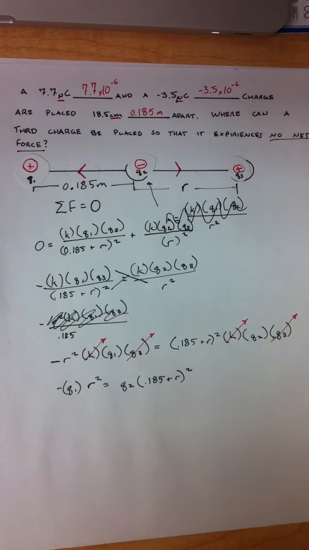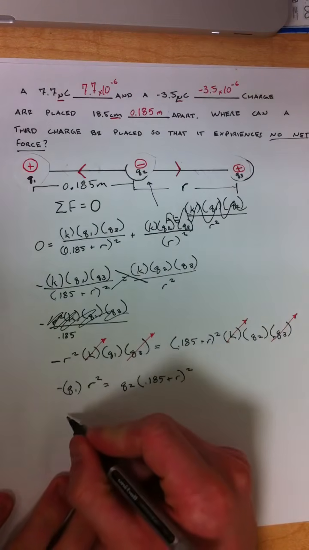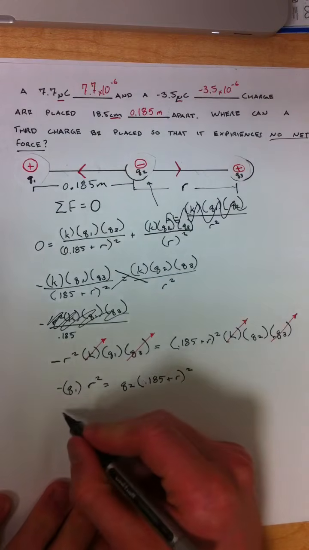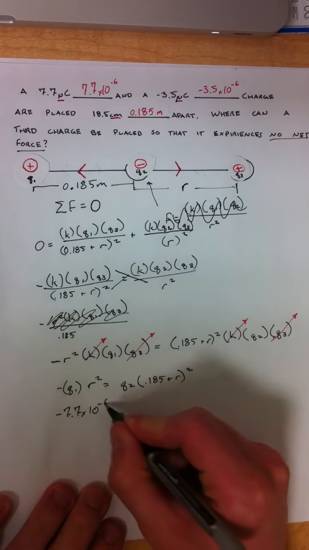Okay, so we're about ready to plug in some of our charges and actually evaluate this. Obviously we're solving for r, and so I'll go ahead and plug in q1, which is negative 7.7 times 10 to the negative 6.